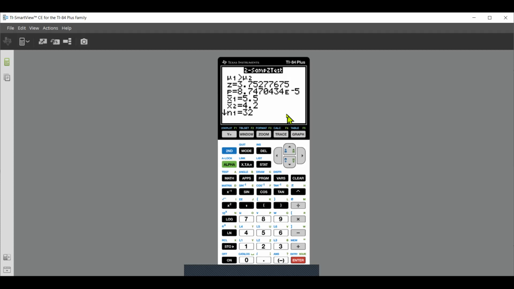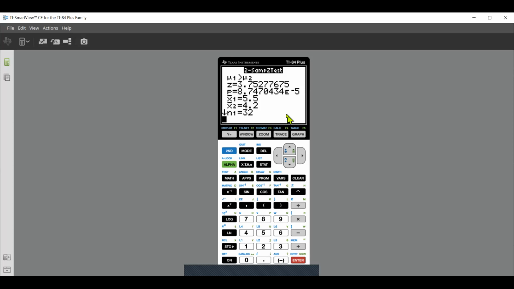And your p-value, once again, we have that 8 with the -5. So the p-value is going to be 0.0000 and the fifth one is going to be 8.